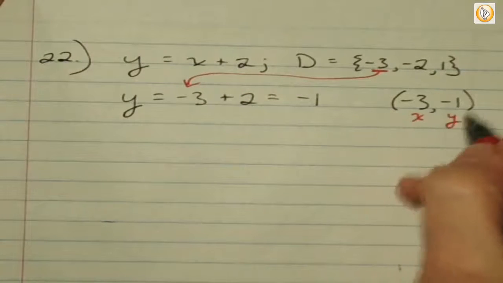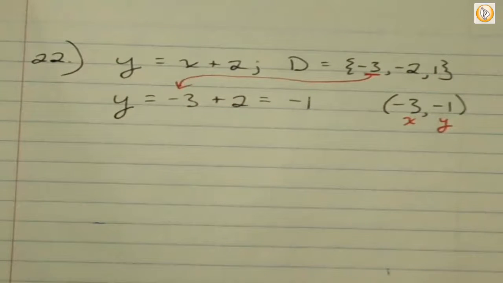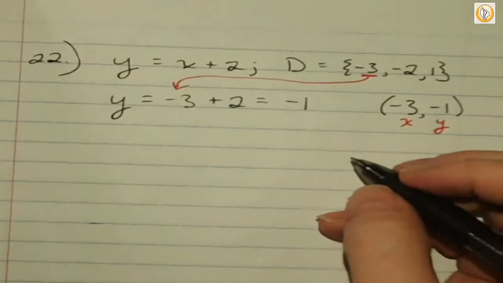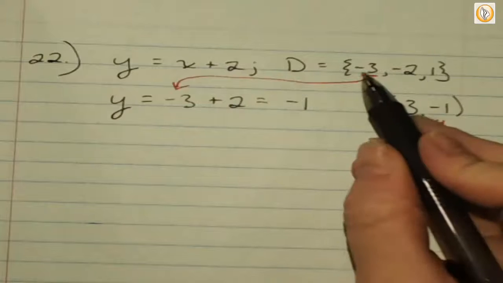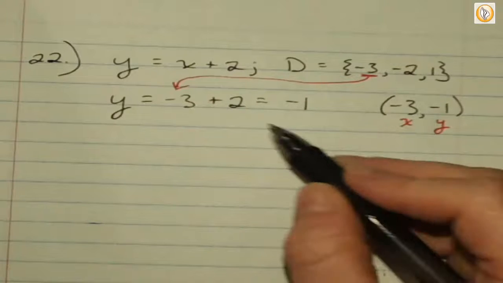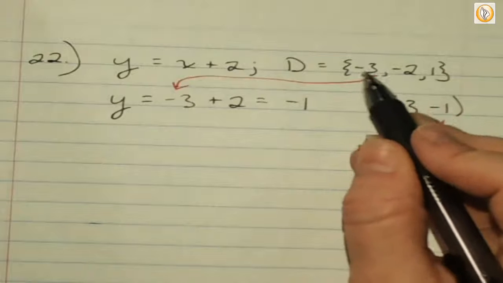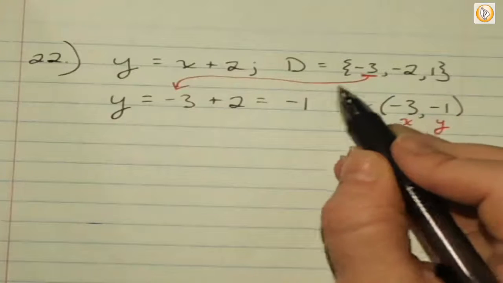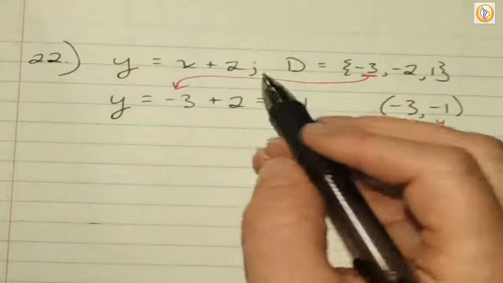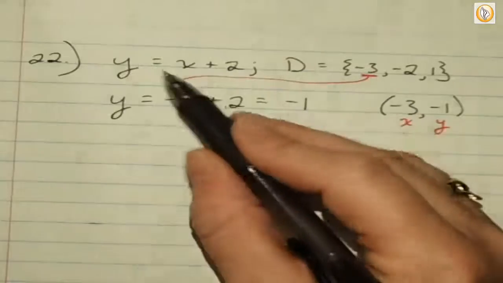Wait, I don't understand. Wait, that's x's. Where do you see -2? I'm talking about right here. This is a -3. Look at number 22 in your book.